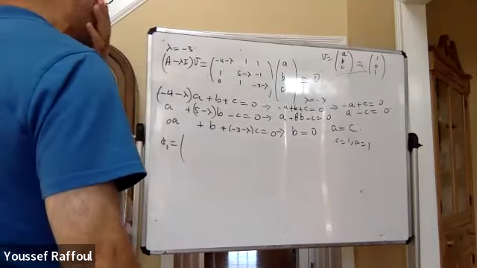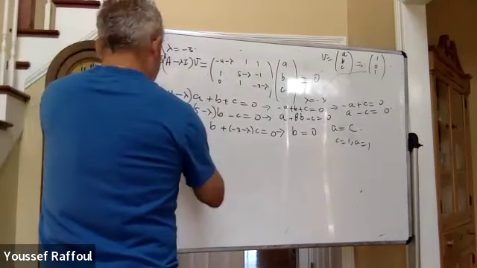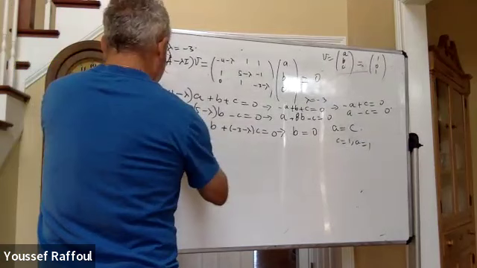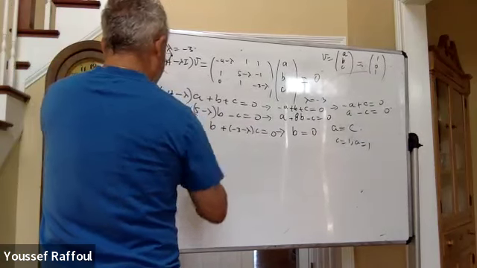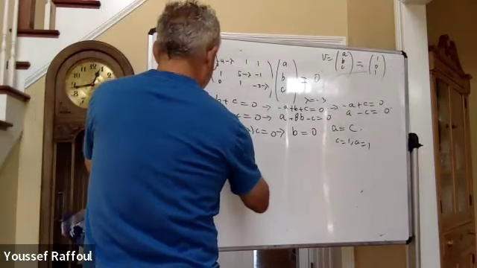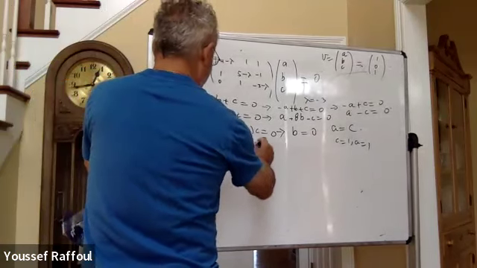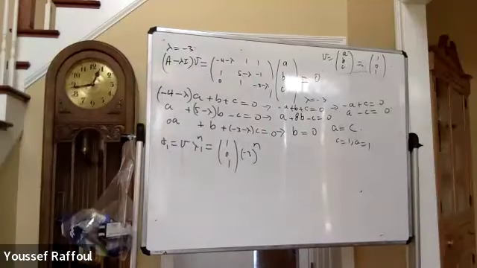The eigenvector, okay, it's gonna be V lambda 1 to the n, that is (1, 0, 1) times -3 to power n. That is your phi 1.